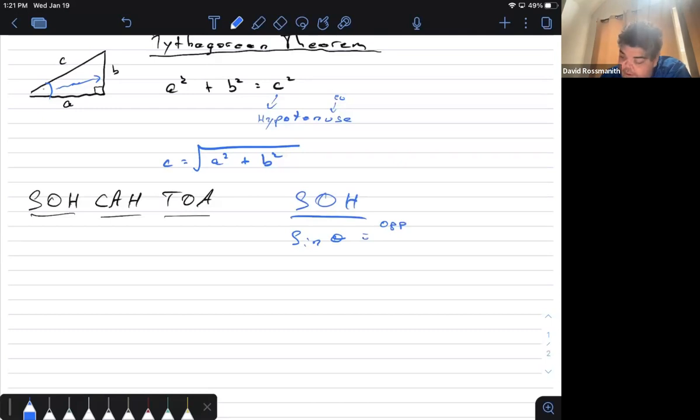So for instance, if this is our theta, then the side opposite to theta is this B. It's on the other side. So the sine of an angle theta is the opposite side divided by the hypotenuse. And that's what SOH stands for. S is sine, O is opposite, H is hypotenuse. So SOH stands for this little equation.